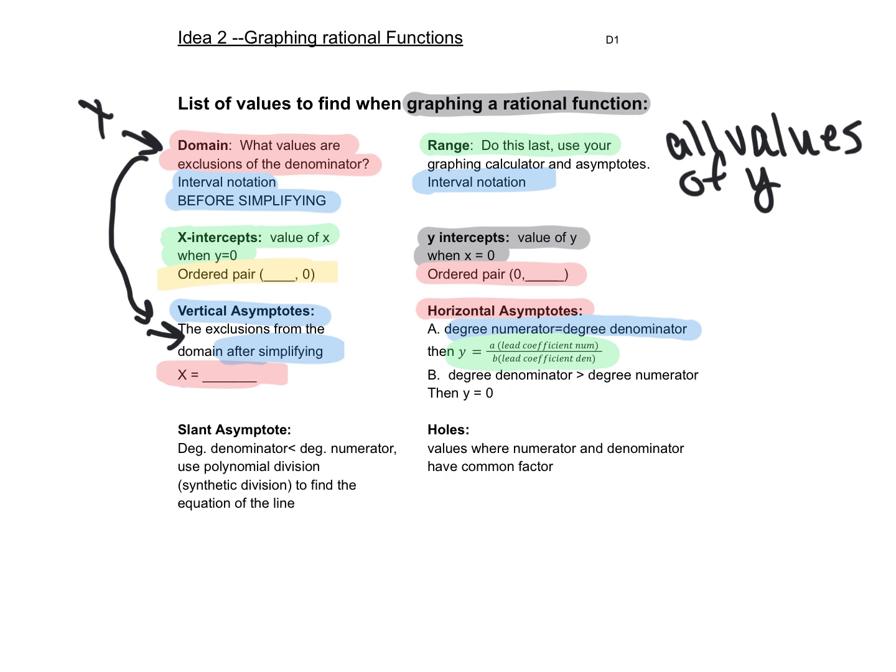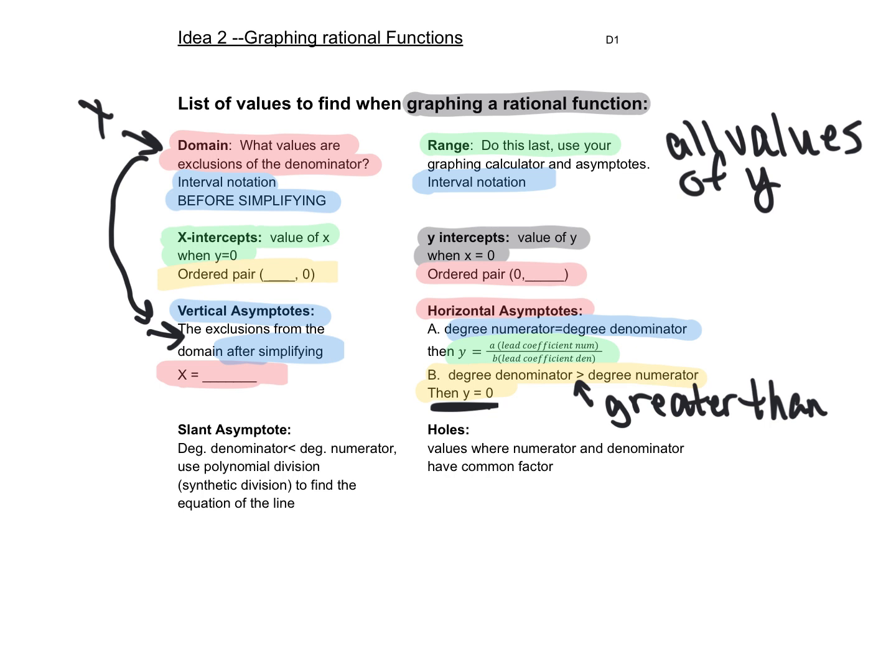The other type of horizontal asymptote is if the denominator degree is greater than the degree of the numerator, then it is always y equals 0. So that's the other type of horizontal asymptote.